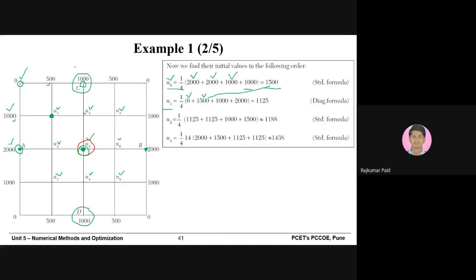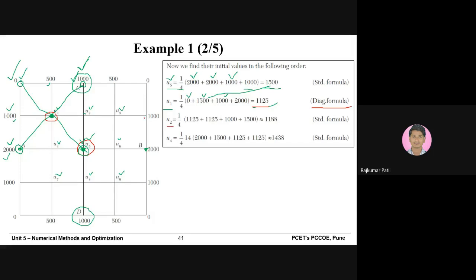Oh sorry, this is 2000 and 1000, because it is diagonal, right? So you need to take only the diagonal points: 0, 1000, 2000 and 1500. So you will get the initial value for u1 as 1125, by using the diagonal 5-point formula.